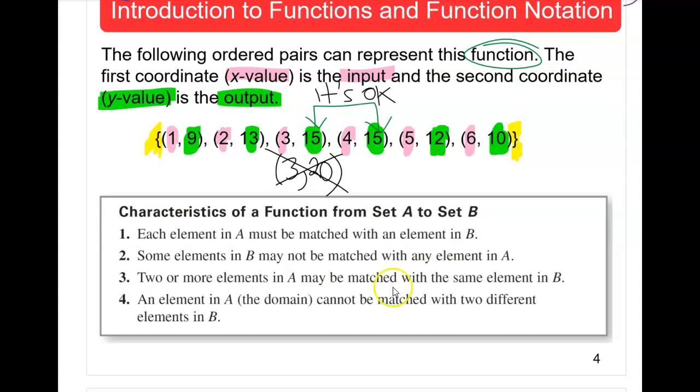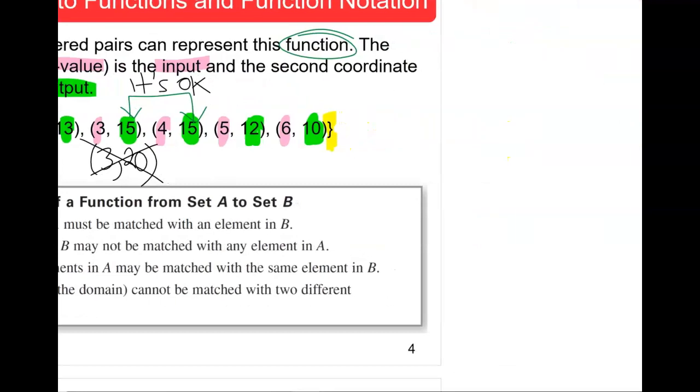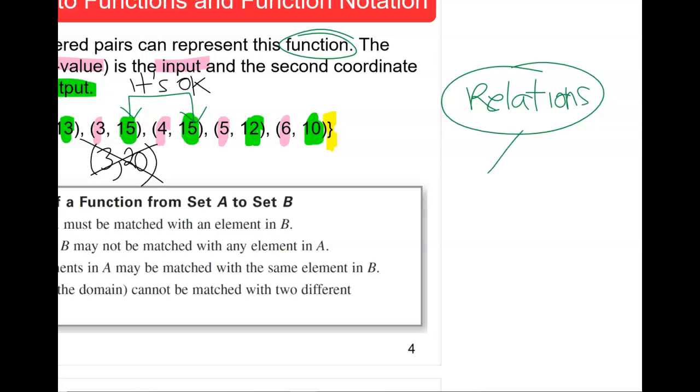So at this point, I know we've been using both words, relation and function. So I want you to think of this. A relation is the big set. Relations. And here we have two types of relations. The ones that function, just like couples or friendships, and the ones that do not function.